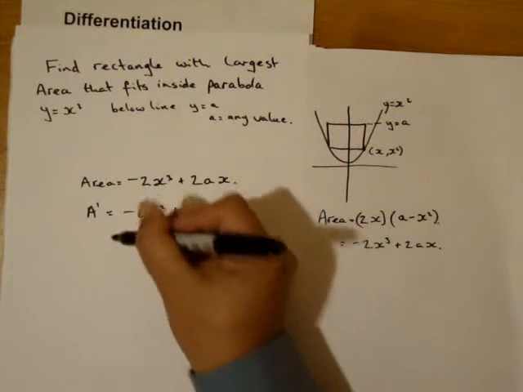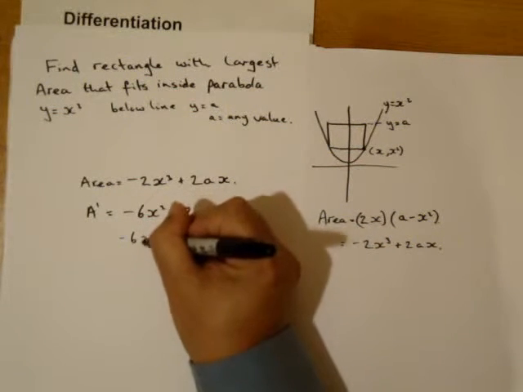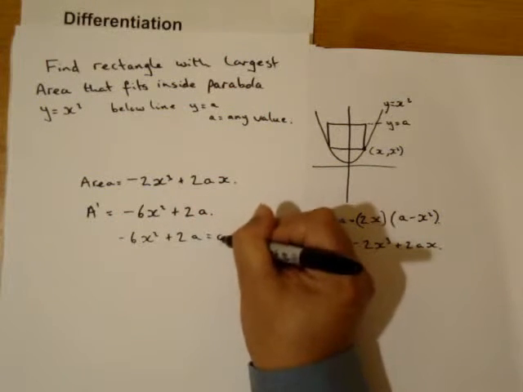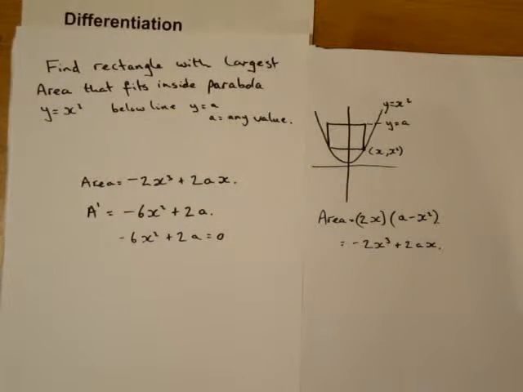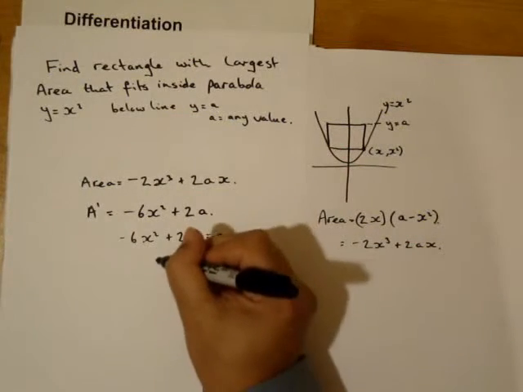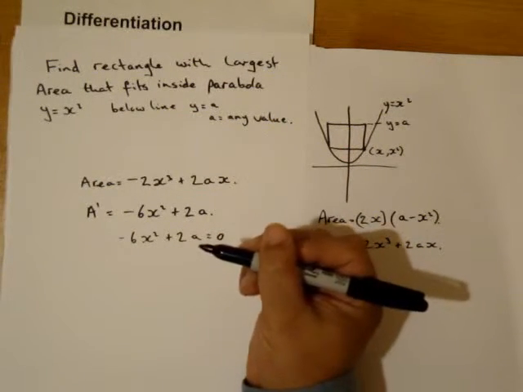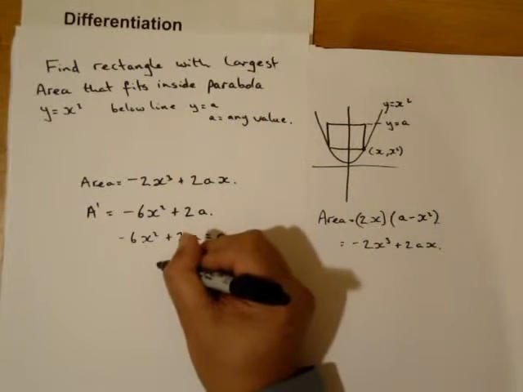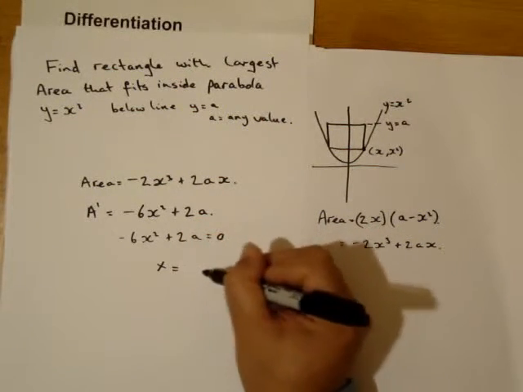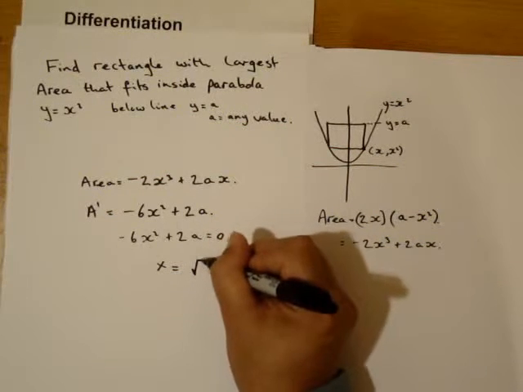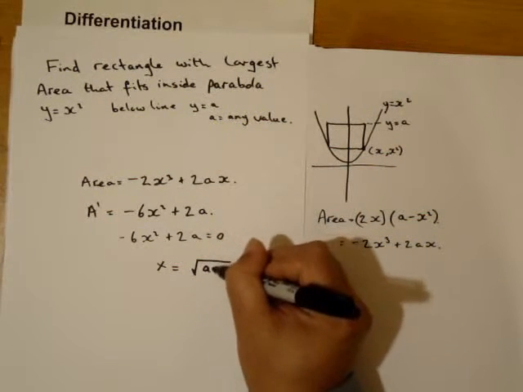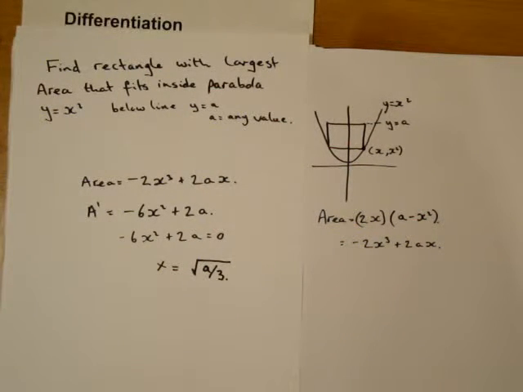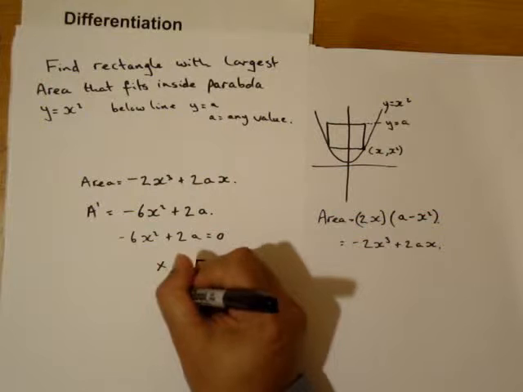We get that to equal 0, so minus 6x squared plus 2a equals 0. So that means that x will equal the square root of a over 3. So this is a critical point.